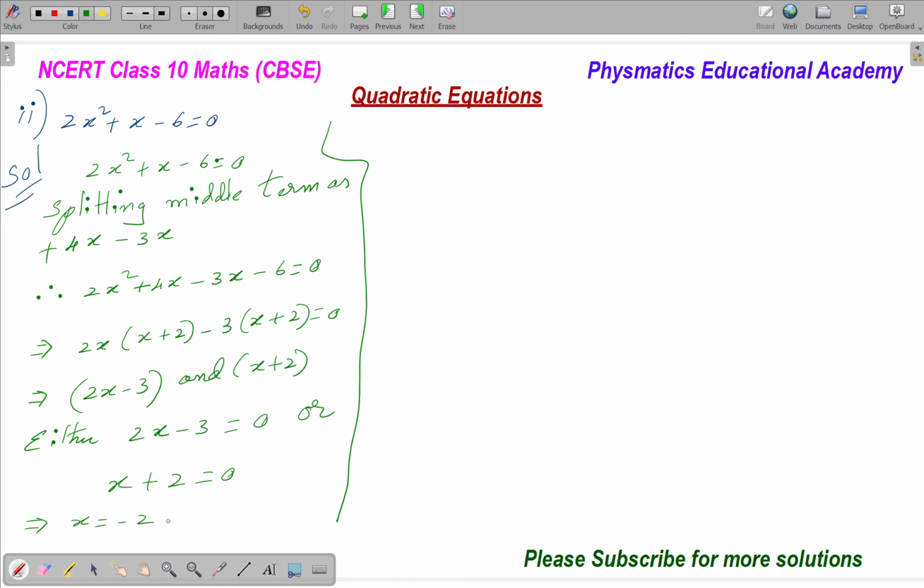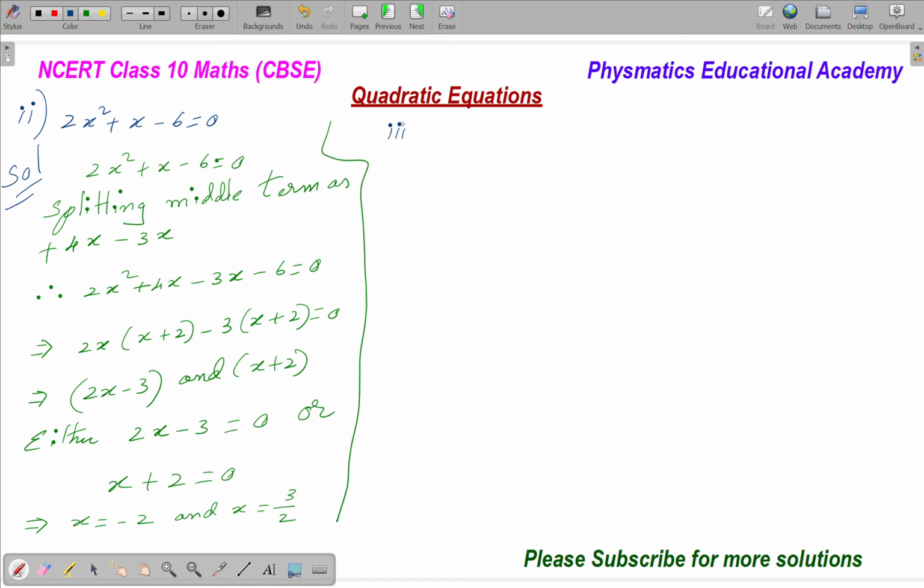So that implies x is equal to minus 2 and x is equal to 3 by 2. Minus 2 and 3 by 2 are the roots of the given quadratic equation.